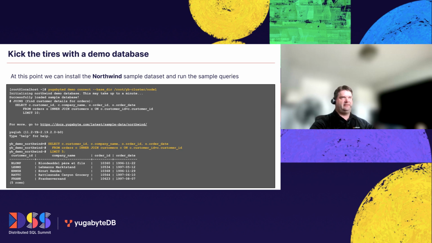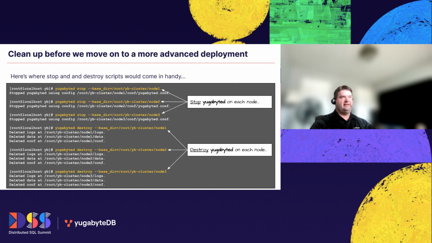Just give it the base directory. It could be any of the node base directories, and it'll install the database, and then you can start running queries right away. But this is just if you want to kick the tires a little bit. Typically, you're going to want to create your own database, your own tables, and your own data.